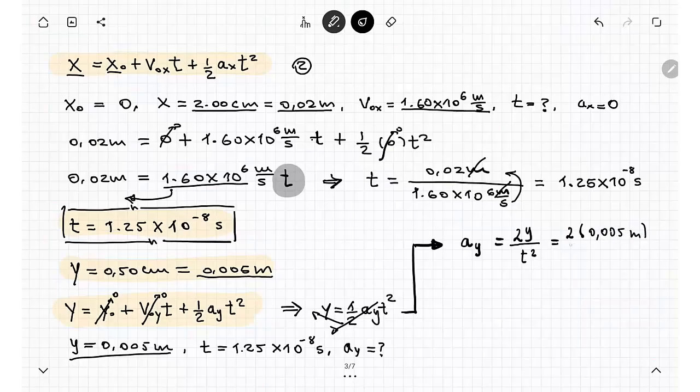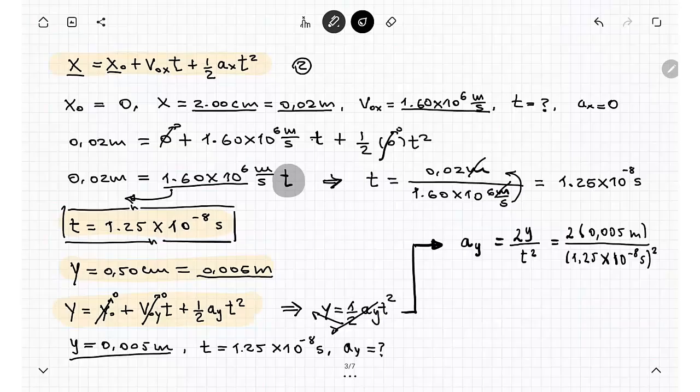All that is divided by 1.25 times 10 to the minus 8th power seconds squared.